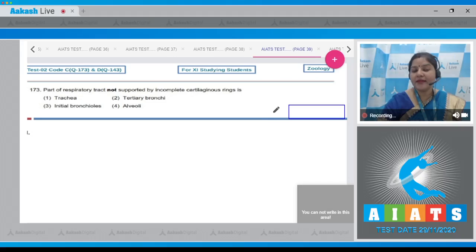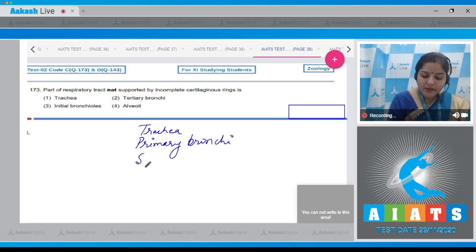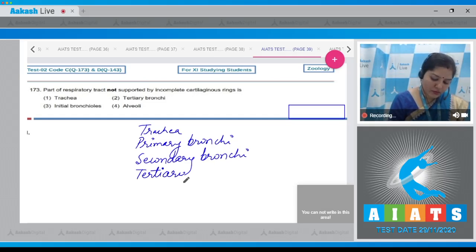Incomplete cartilaginous rings are present in trachea, primary bronchi, secondary bronchi, tertiary bronchi, and initial bronchioles.